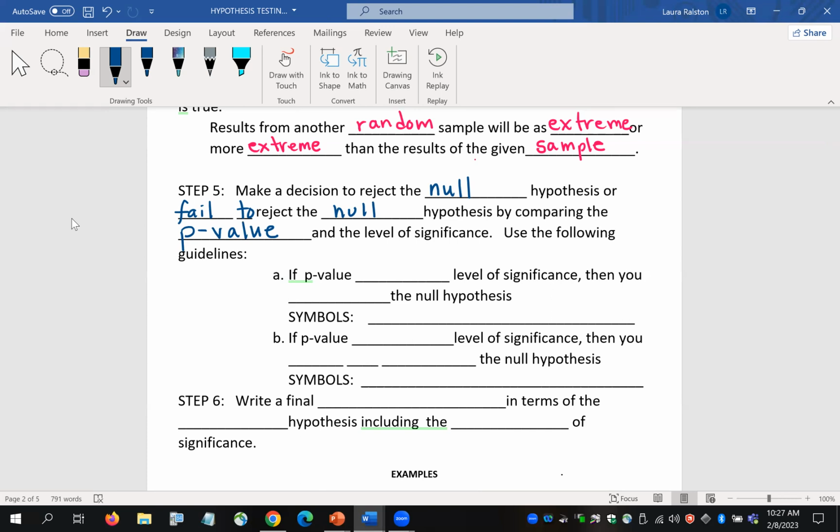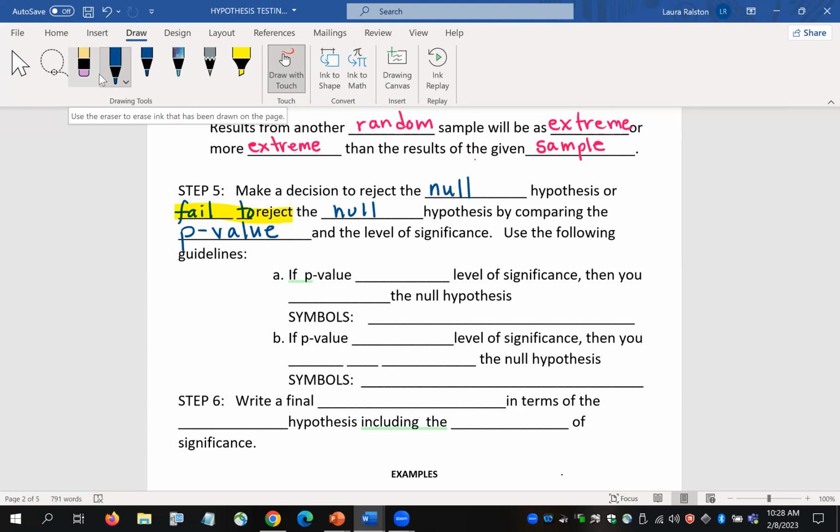So everything is in terms of guilty or not guilty, or in terms of the null hypothesis, because that's what we assumed to be true at the beginning. The other piece that is extremely important here is this phrase, fail to reject. You should never, ever say that we accept the null hypothesis. The appropriate, correct phrase is fail to reject.